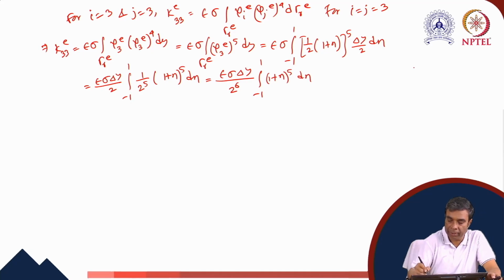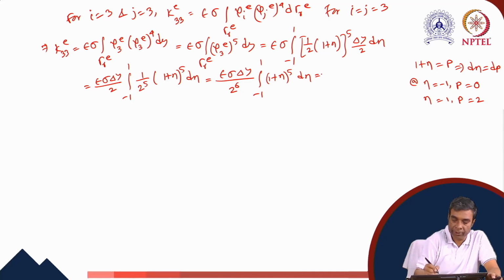Let us take 1 plus eta equals p. So d eta equals dp. At eta equals minus 1, p equals 0. When eta equals 1, p equals 2. This changes to epsilon sigma delta y by 2 to the power 6, integration from 0 to 2, p to the power 5 dp.